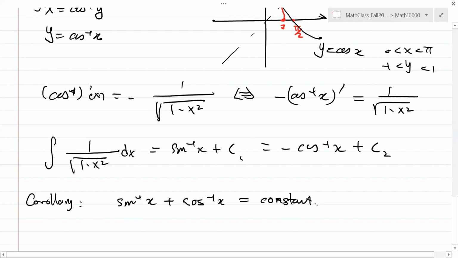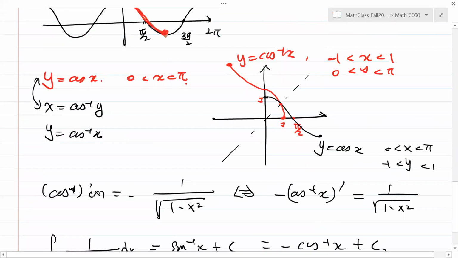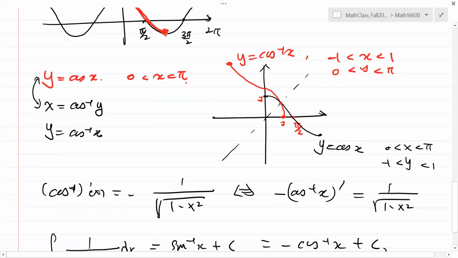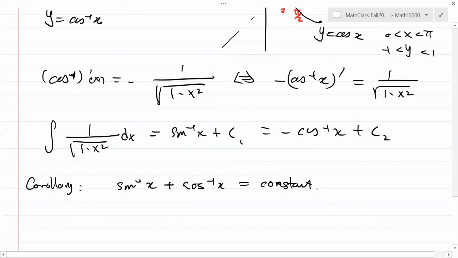Now, what is the domain? The domain for x is still between -1 and +1, so same domain. Okay, that's fine. So what is that constant? Why is it constant? Because you move arccosine x to the left and add them together, right? So the question is, what is that constant? Think about it.